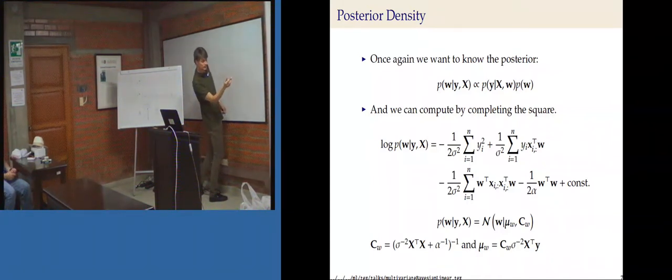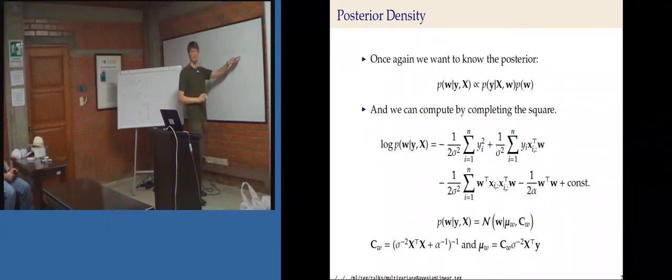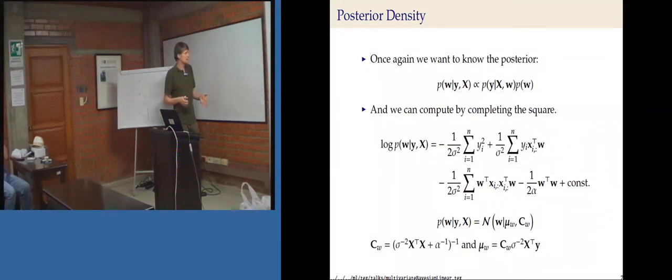This is the form I'm trying to match it to, which is also a quadratic form, but in the way that I expect the Gaussian to be, with a covariance and a mean, which is what I'm interested in. So I need to match that to the quadratic form written above.